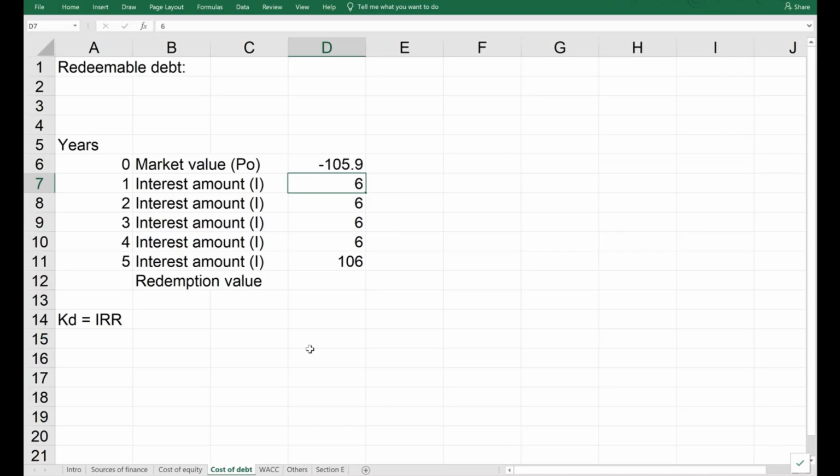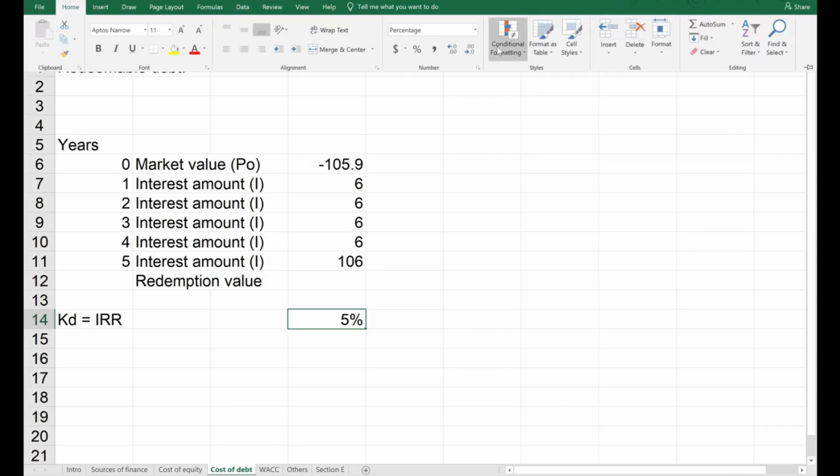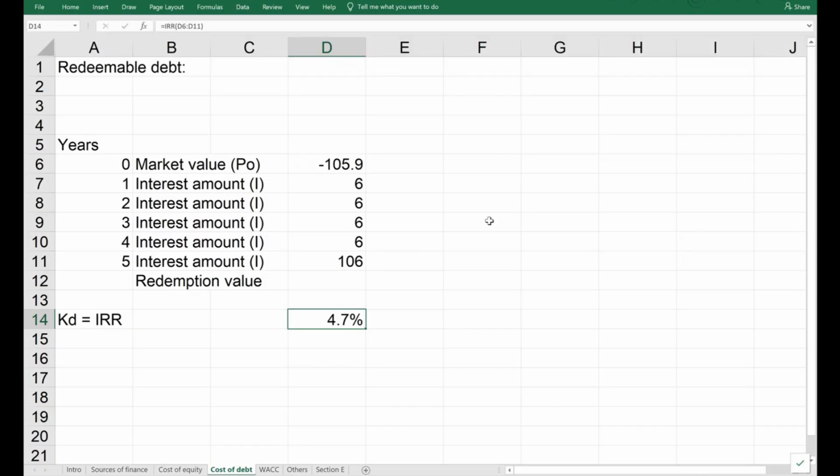Now find the IRR, which is equal to IRR%. That's the discount rate, 4.7%. That's the cost. So how to find the cost of debt of the redeemable bond?